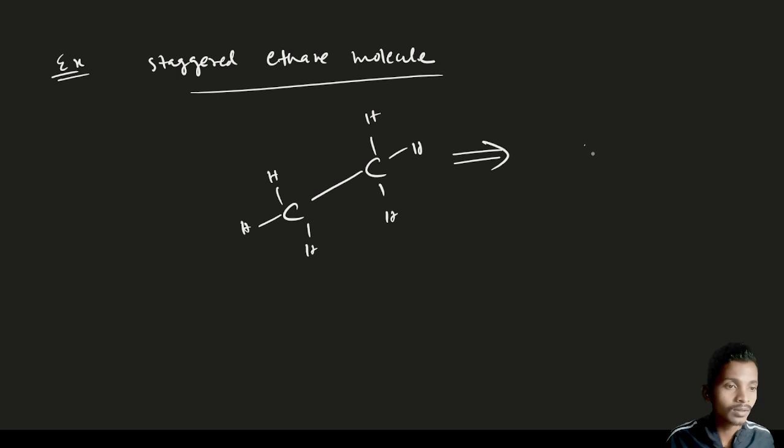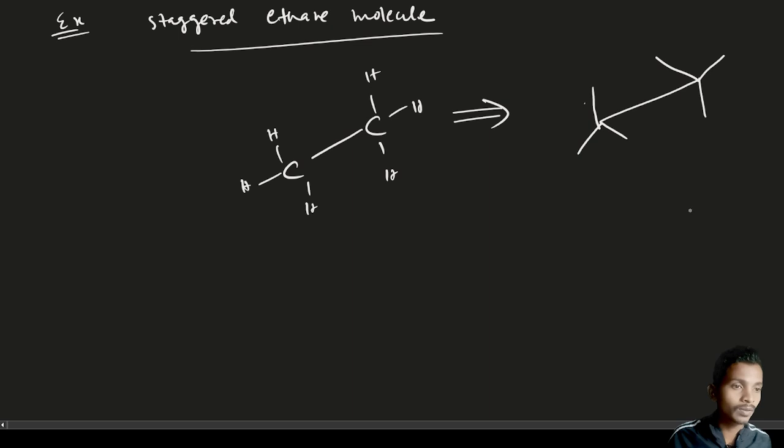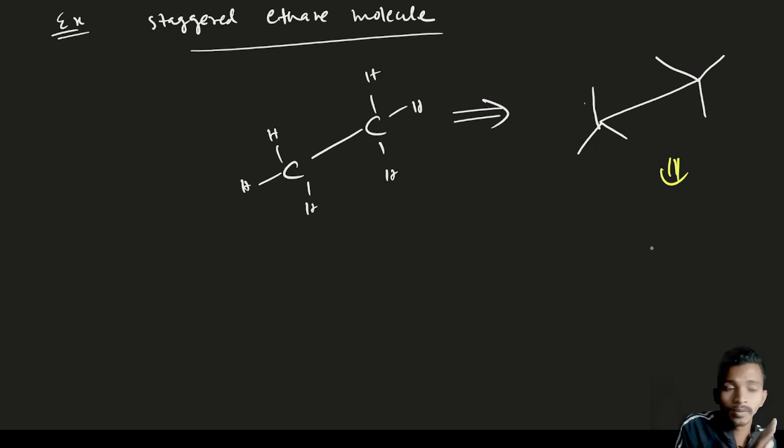If one is a straight Y, then the other is an inverted Y. This is in Newman projection, which we draw to help identify the symmetry elements.